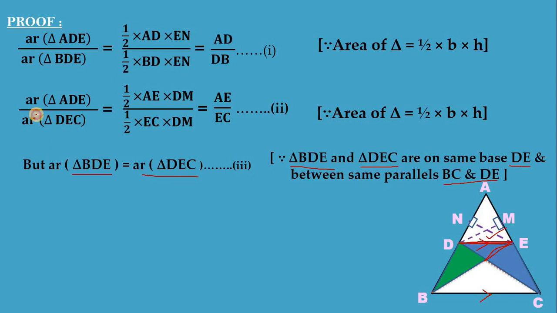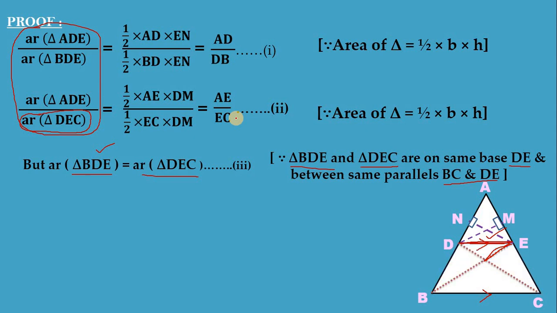Now, in this place, I can write BDE. If I write BDE here, the left hand sides become equal. When left hand sides are equal, automatically the right hand sides have to be equal.